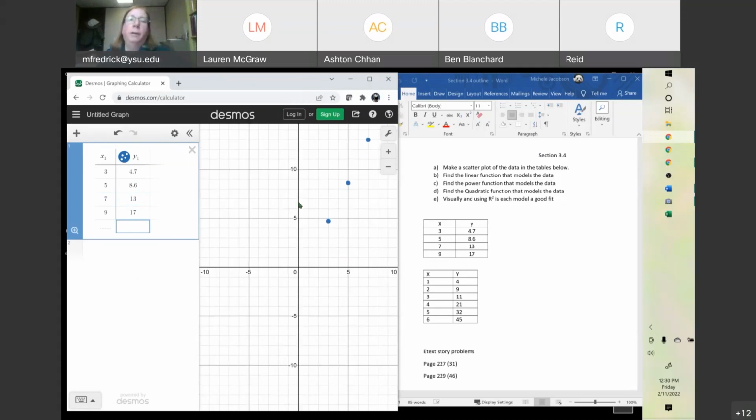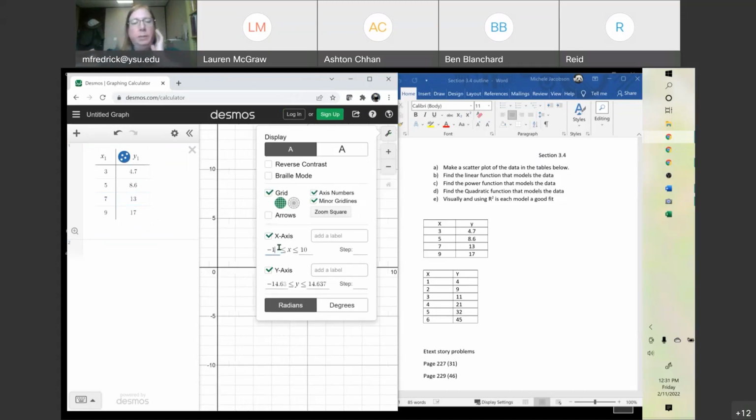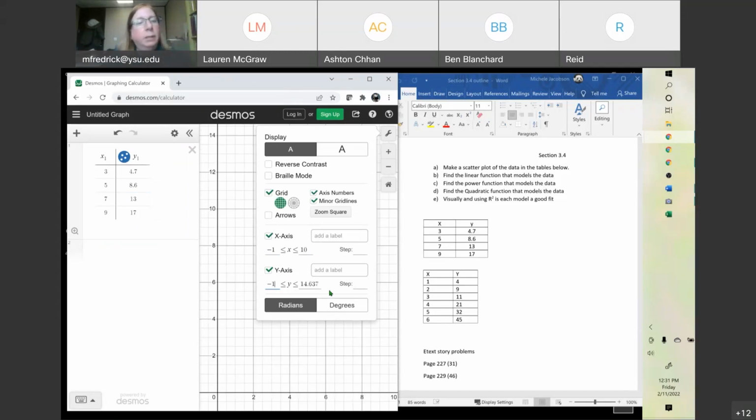And you see most of your graph. Remember, we can adjust it by hitting the wrench, and I'm going to go -1 to 10. That's pretty good. And then for the y's, -1 to 20.